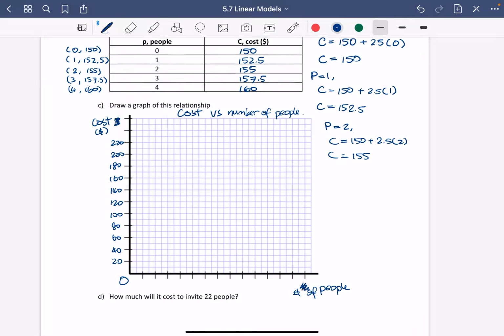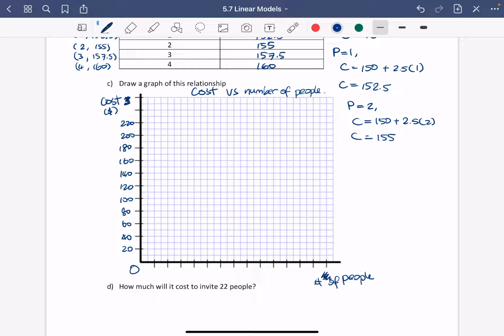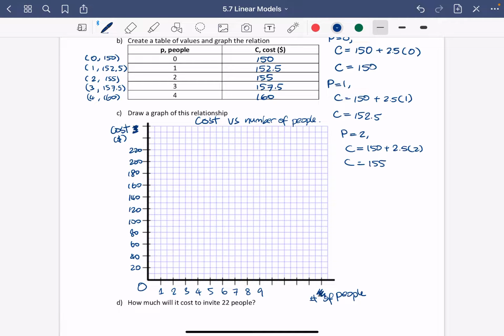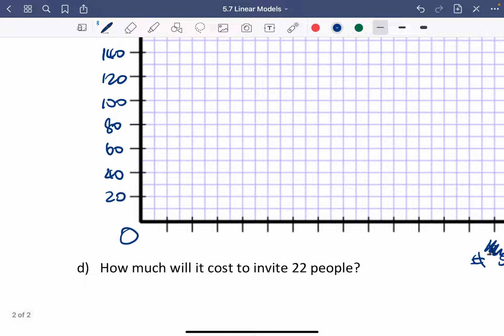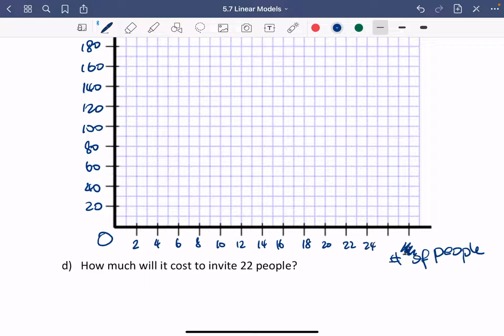And I'll let number of people, each unit be 1, 2, 3, 4, 5, 6. Each of the bigger units, so 2 of the small units, 7, 8, 9, etc. So let's graph it. Well, actually, I'll let each of the small unit be 1. So 2, 4, 6, 8, 10, 12, 14, 16, 18, 20, 22, 24, etc.